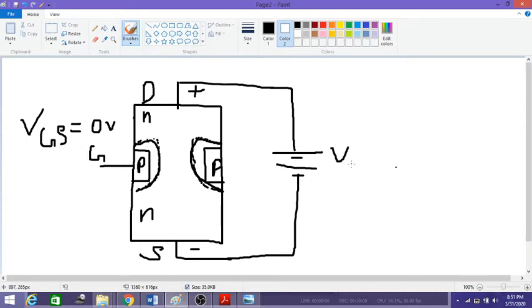So now this is the VDS which we have given, 1 volt. Next we will make this VDS 2 volts. So accordingly, as you increase the VDS, near the drain the reverse voltage also increases. Thereby the width of the depletion region near the drain also increases.